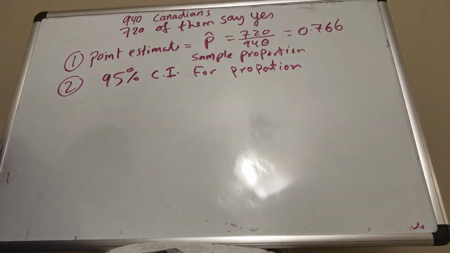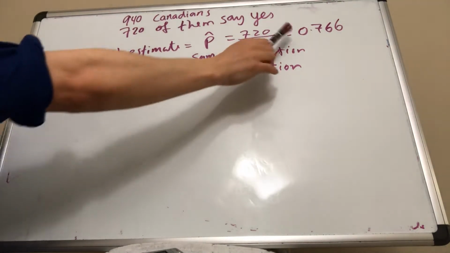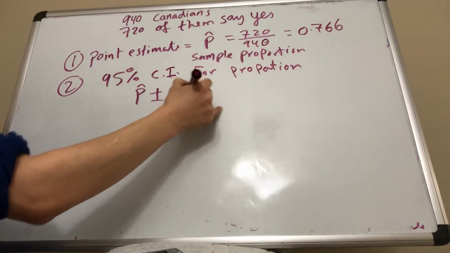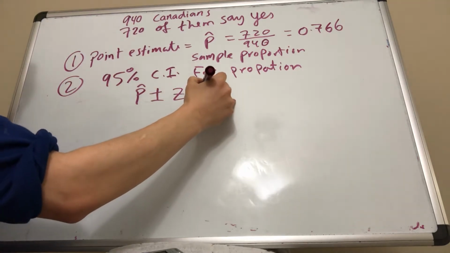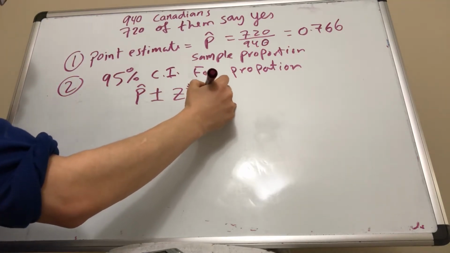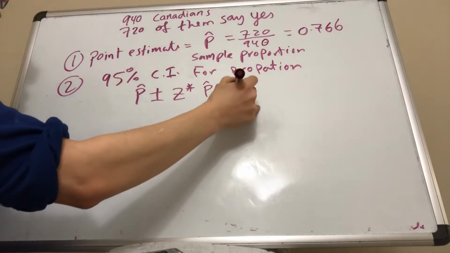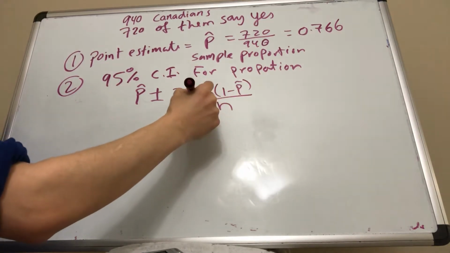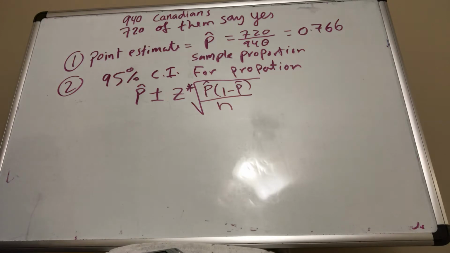The formula we use for the confidence interval for proportion is P hat, the one we just did, plus or minus Z star, so not T star, Z star, times the square root of P hat times 1 minus P hat over N. This is the formula we go by when we do a confidence interval.